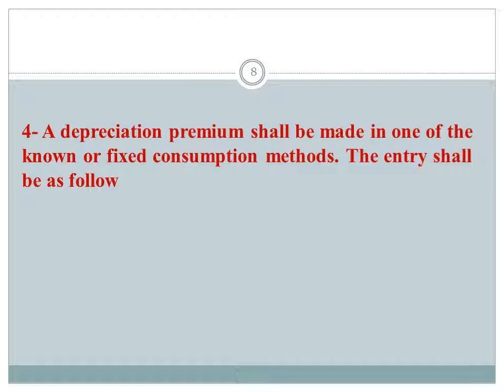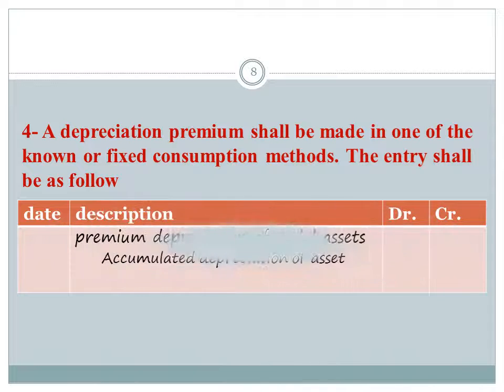The entry shall be as follows. At the end of the year, again, depreciation expense of social assets will be on the debit side. Accumulated depreciation of social assets will be on the credit side. So any depreciation expense will be on the debit side, and accumulated depreciation will be on the credit side.